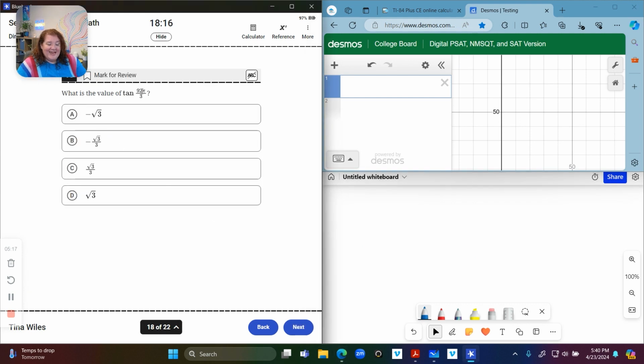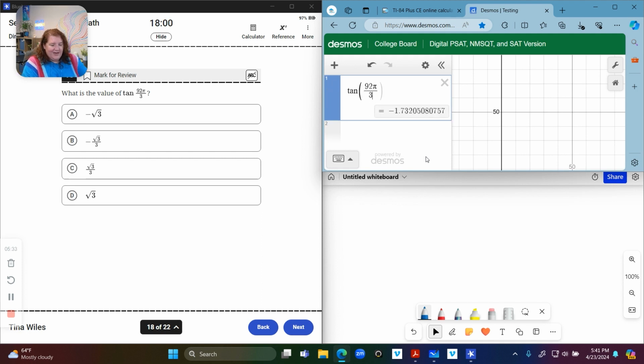All right, 18. What is the value of the tangent of 92 pi over 3? Let's do tangent of 92 pi over 3. And I get this crazy number, right? Negative 1.73.